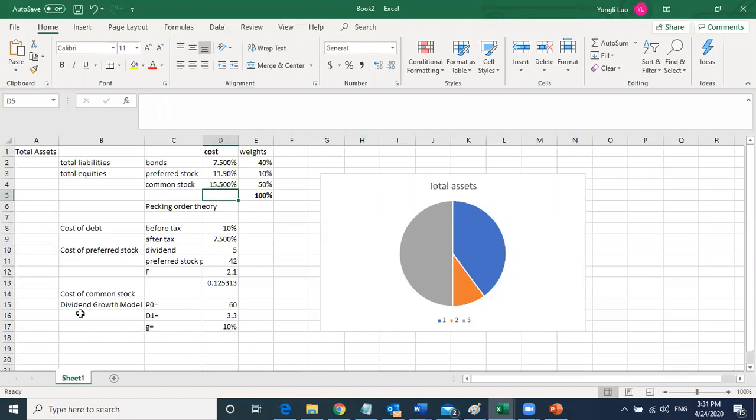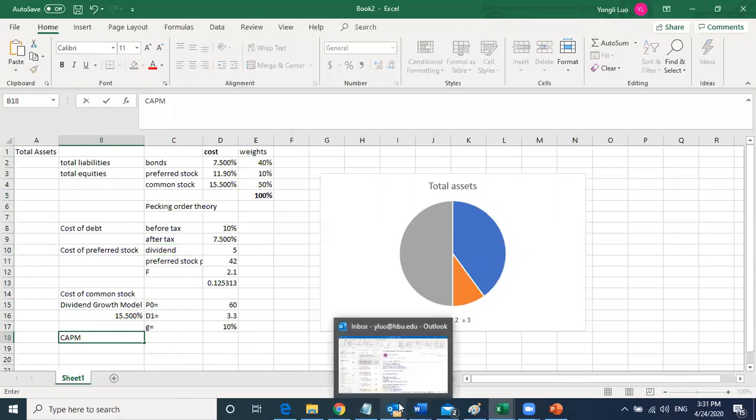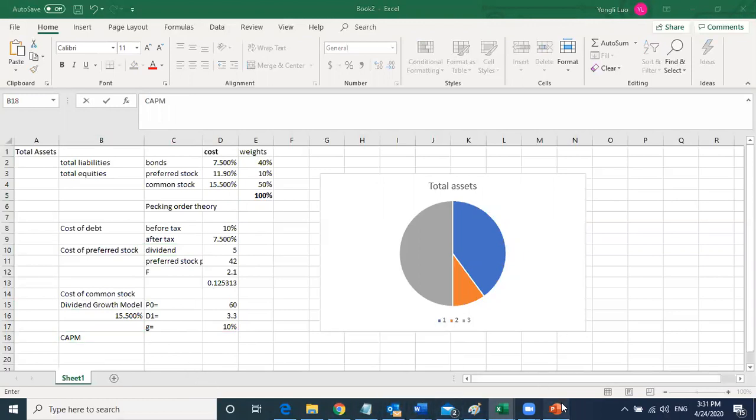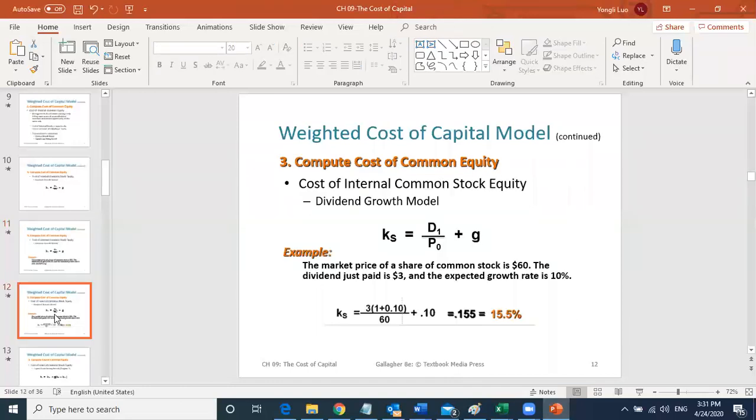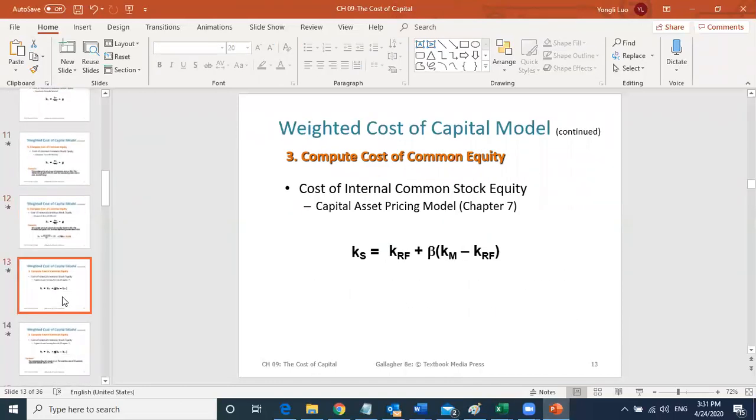And that's the dividend growth model, so we know that is equal to 15.5%. And not only the dividend growth model, we also have the capital asset pricing model, which we can use to estimate the cost of internal common stock equity.